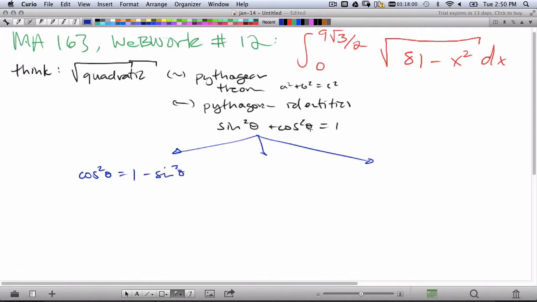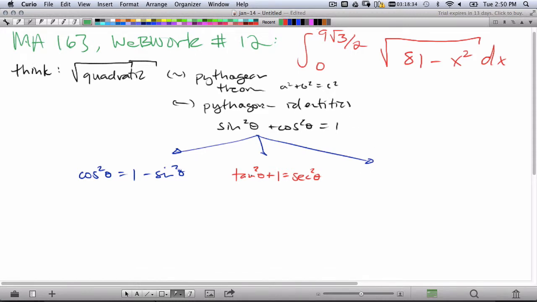So if we take this mother identity and subtract sine squared, we get this blue identity. Now, there's another one that we can get if we just divide by cosine squared. In that case, we get tangent squared plus 1 equals secant squared.